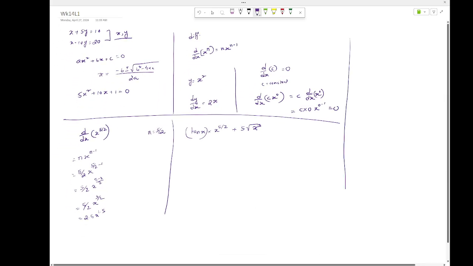See, if you have this y equal, say, like I'm trying to give an example, say AB, and A and B both are functions of x, right?